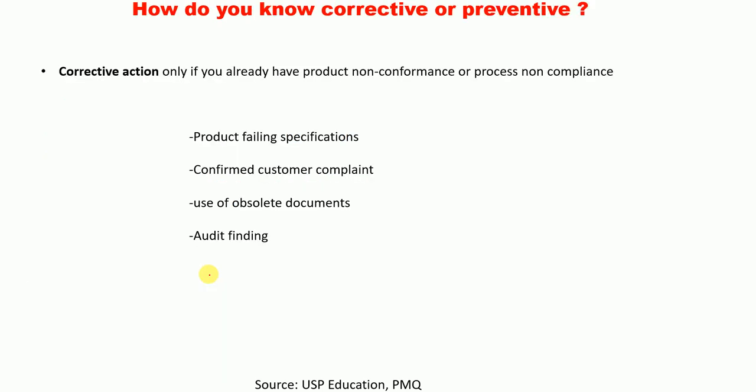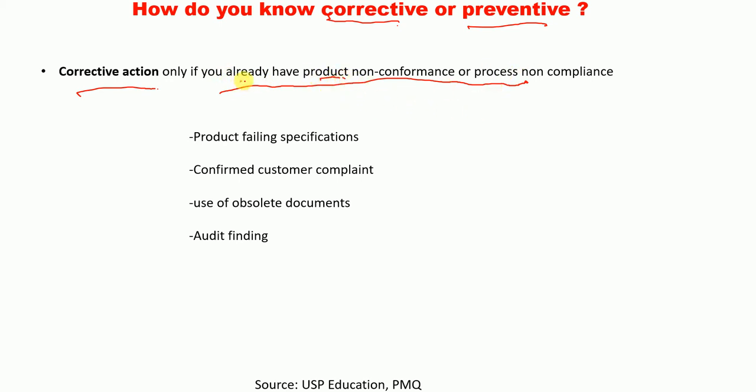So then we have to decide, how do you know which action is a corrective action and which is a preventive action? When to take corrective actions and when to take preventive actions. Corrective actions are taken only if we already have product non-conformance or process non-compliance.